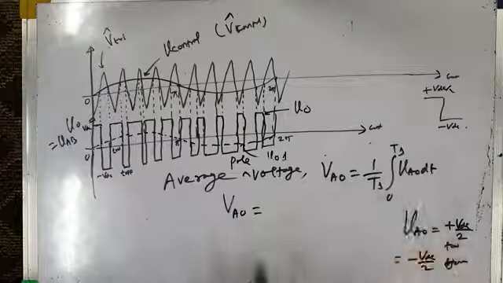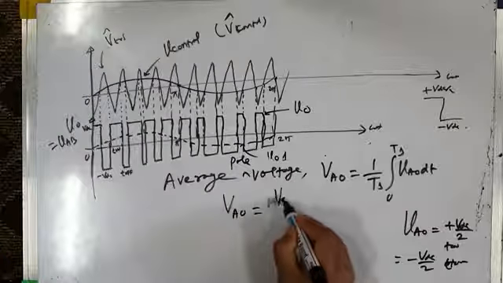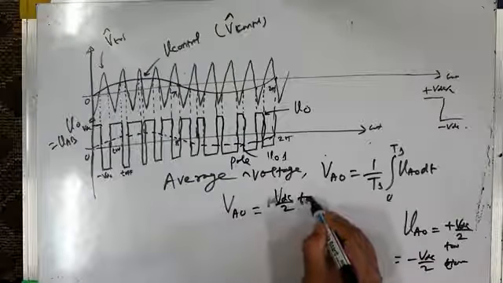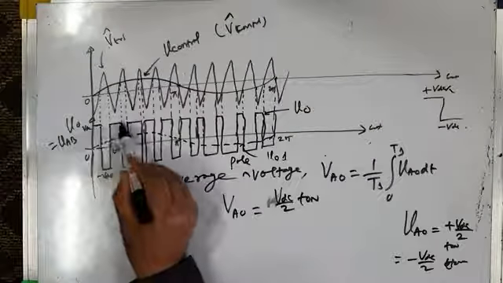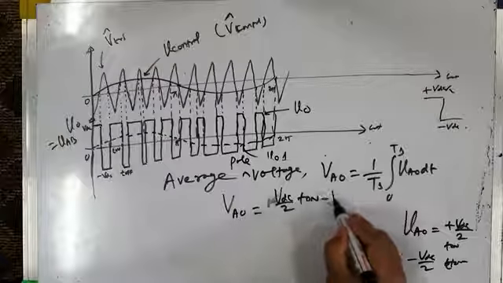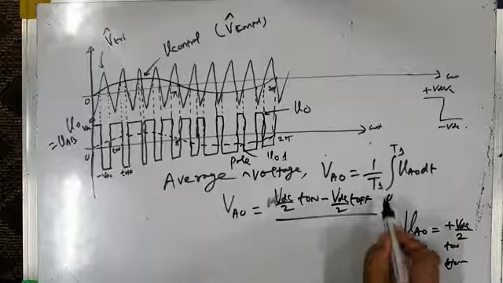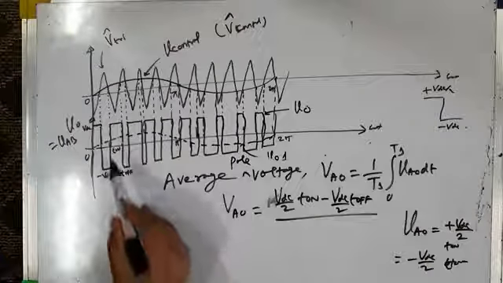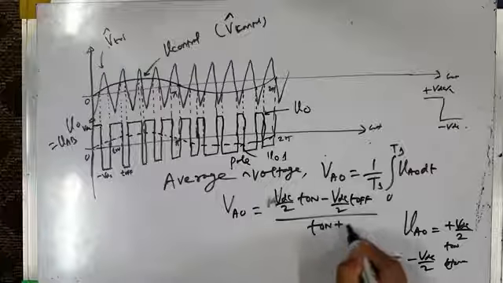So I can write it is equal to VDC by 2 into T on during the on period, and minus VDC by 2 during the off period, divided by the total switching period. What is the total switching period? It is on period plus off period, so divided by T on plus T off.